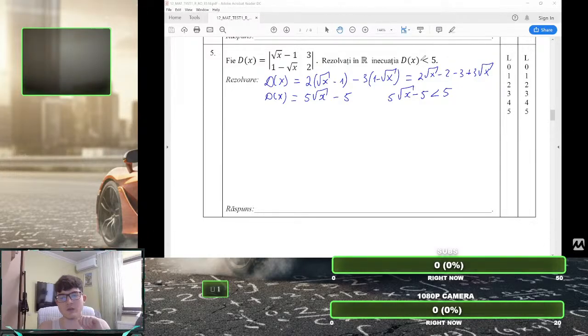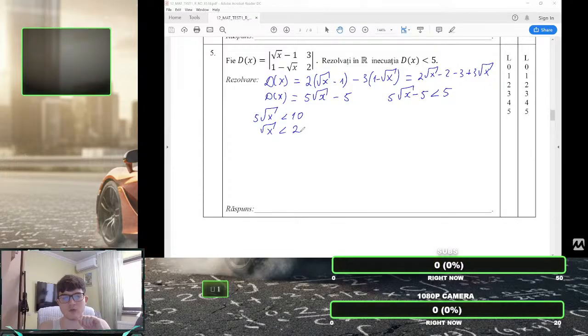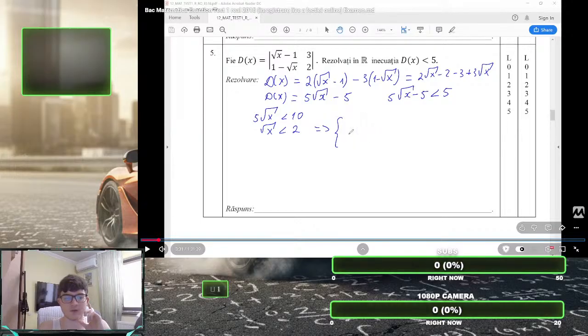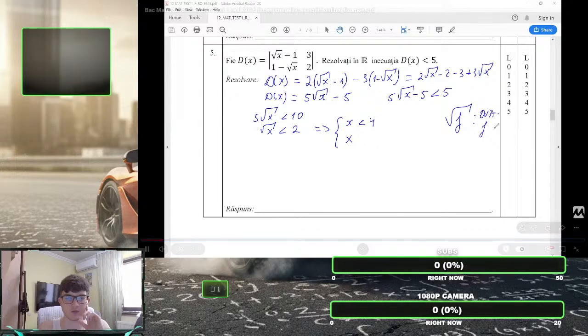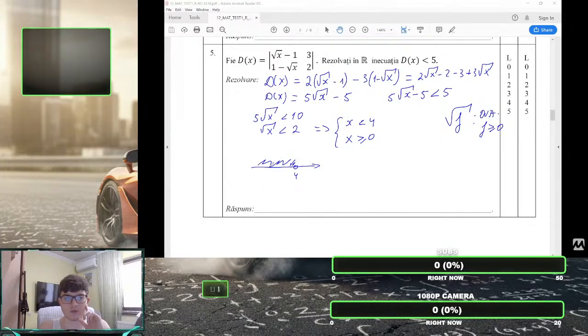Okay, once I got that, how do I solve? Move that to the right, so it's gonna be 10. Just divide that, it's gonna be 2. So you just raise everything to the second power, so it's gonna be x smaller than 4, right? And it can also be x what? Smaller or equal to 0.